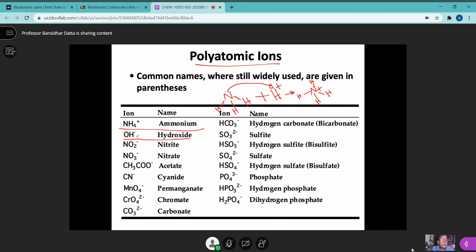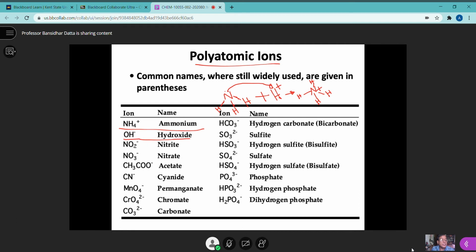This hydroxide ion comes from the bases, like sodium hydroxide, potassium hydroxide, lithium hydroxide, and we'll talk about those acids and bases. Most of the polyatomic anions that you see here are generated from the acids. OH minus is the only one that comes from bases. Acids and bases we'll talk about down the road, right? So OH minus is called the hydroxide ion.